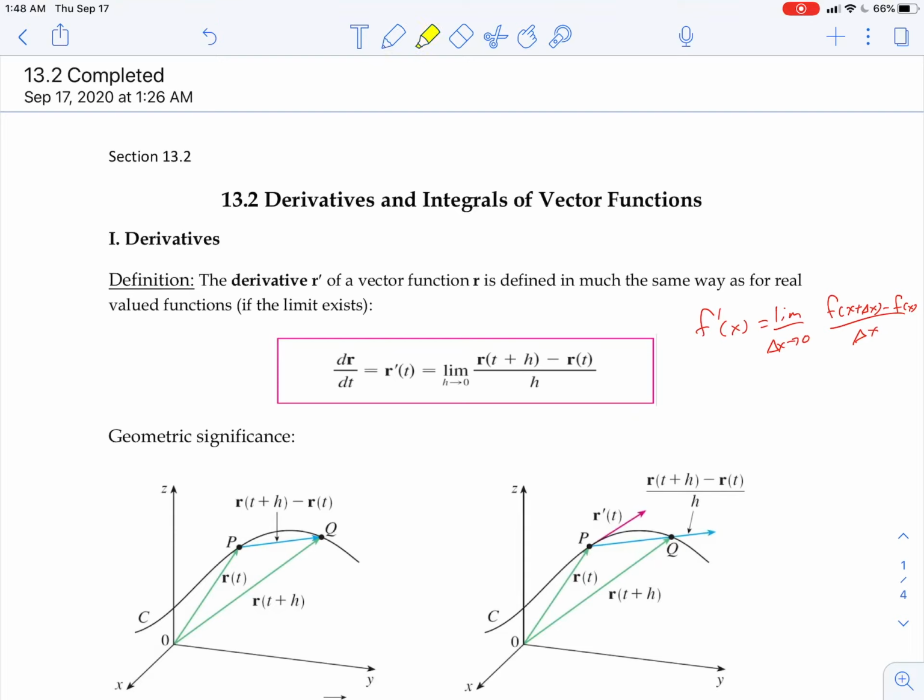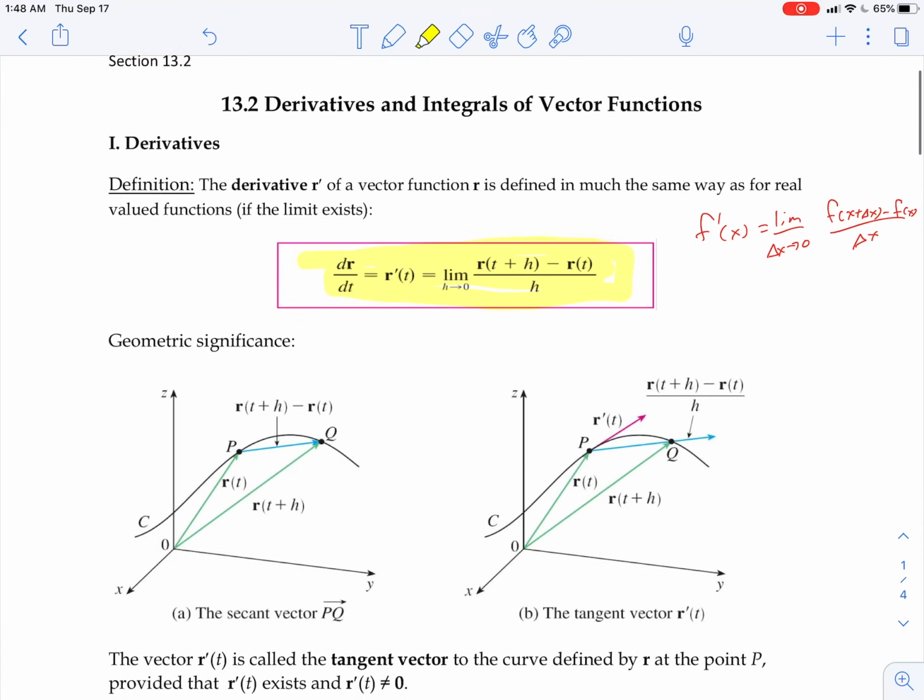And just how this gave us the slope, the instantaneous rate of change, the derivative of our vector function is going to give me a tangent vector. And of course, a tangent vector touches our curve at exactly one point.